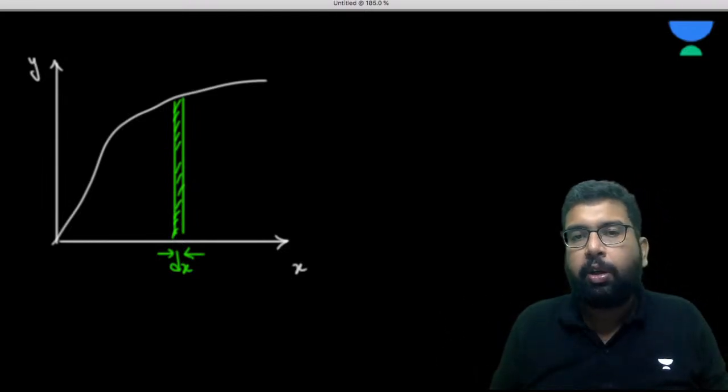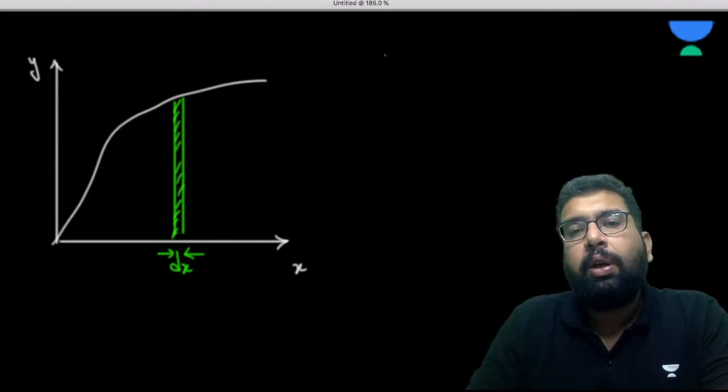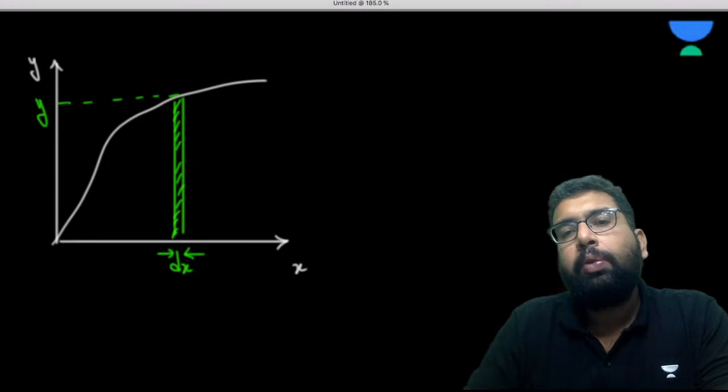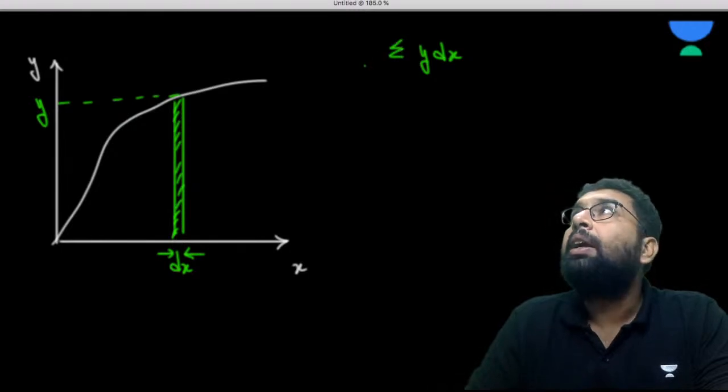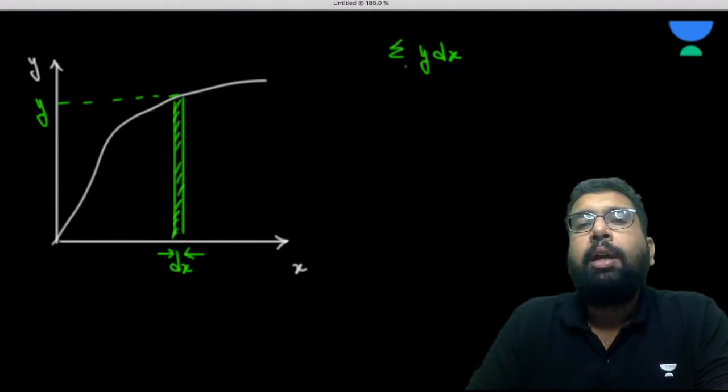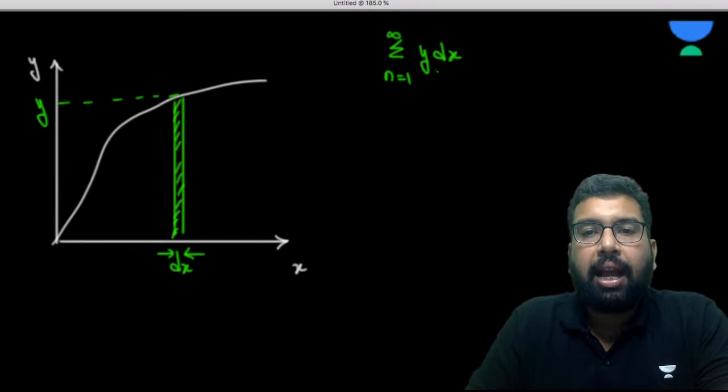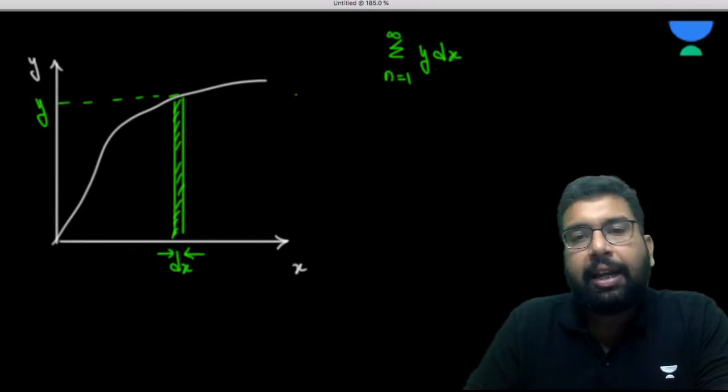Okay. So if I say this height is y, the area of this strip is y dx, and when we sum up the areas of many such strips, it will give you the area under the curve.